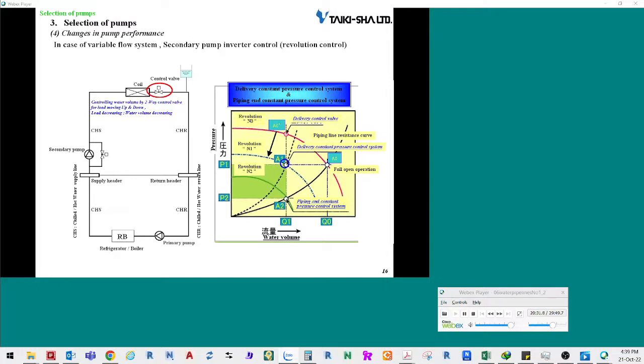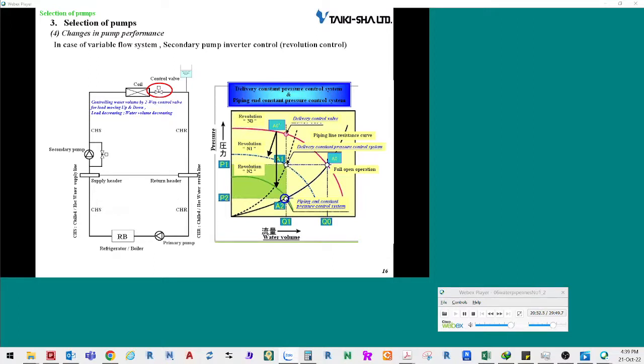The constant terminal pressure control is the method used to lower the discharge pressure only by the quantity of water corresponding to the piping resistance. The revolution speed is shown at point N2, and the operating point is shown at A2.